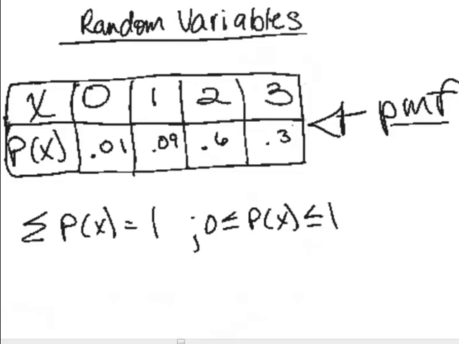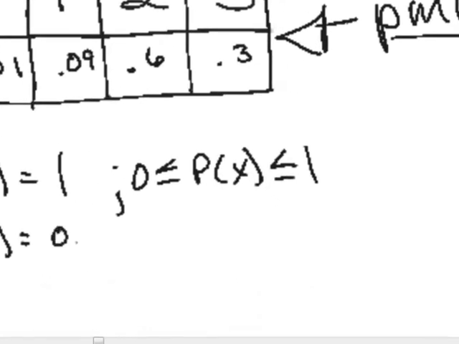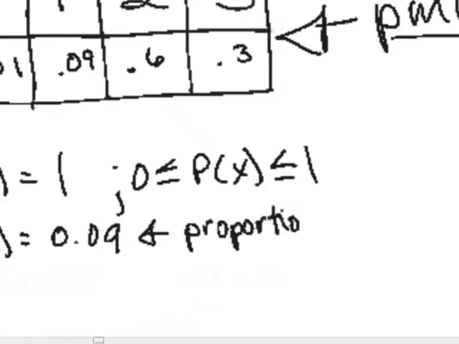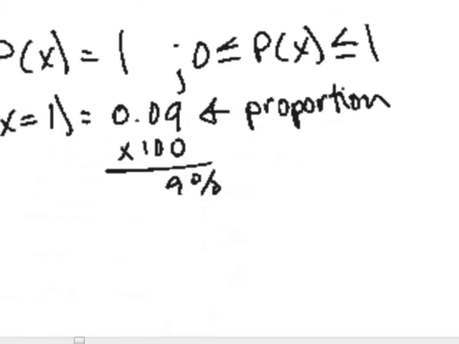You can, of course, find the probability of any given number, right? X equals 1, just look at the table, would be 0.09. And that would be a proportion. If they wanted the percentage, of course, you would just multiply by 100 to get the 9%, right? Probability chance.